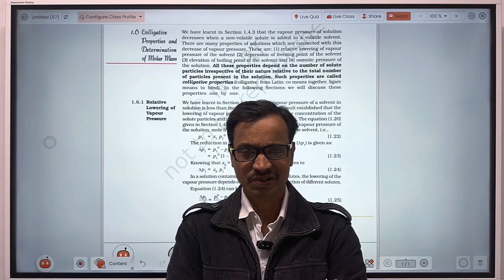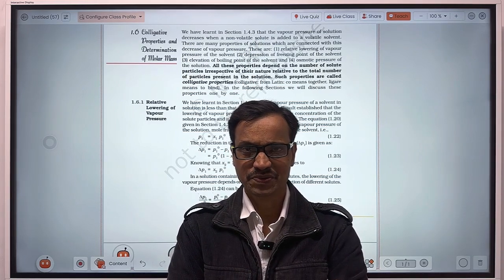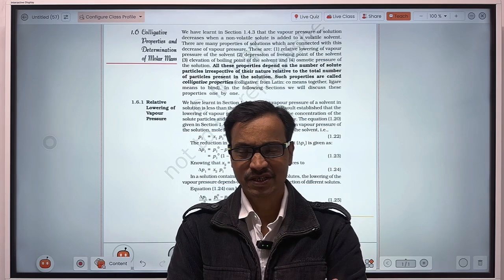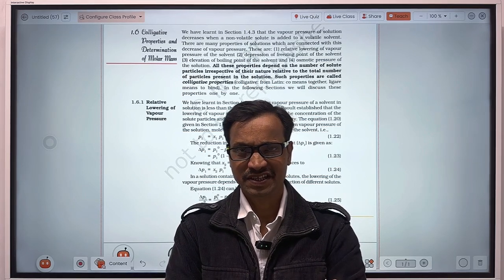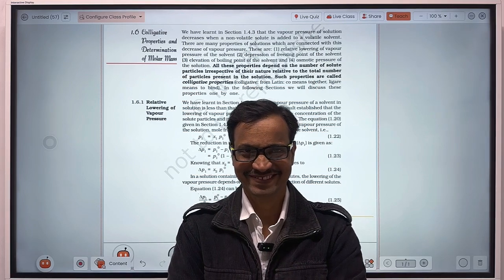They will depend only on the number of moles of solute particles and will not depend on the nature of solute or the solvent particles.